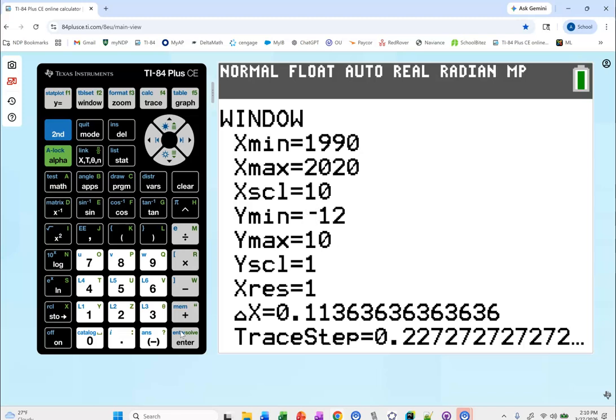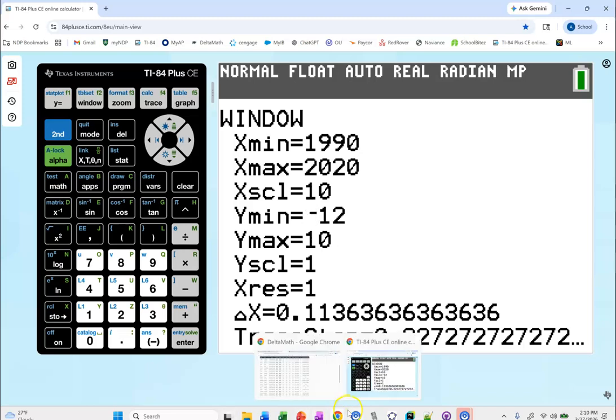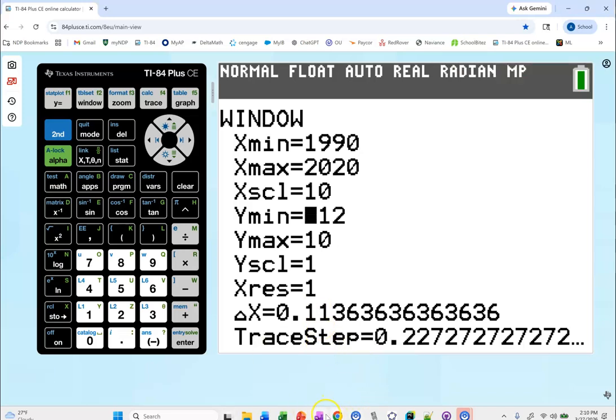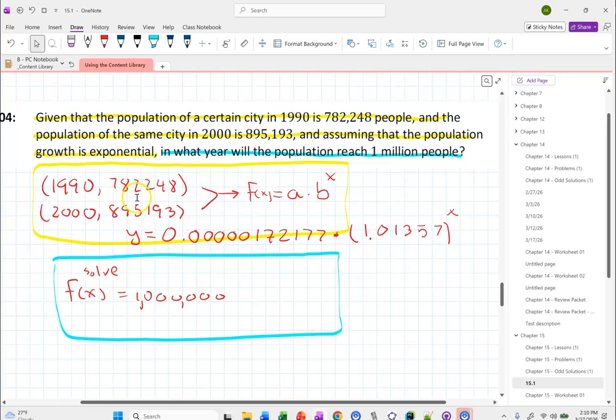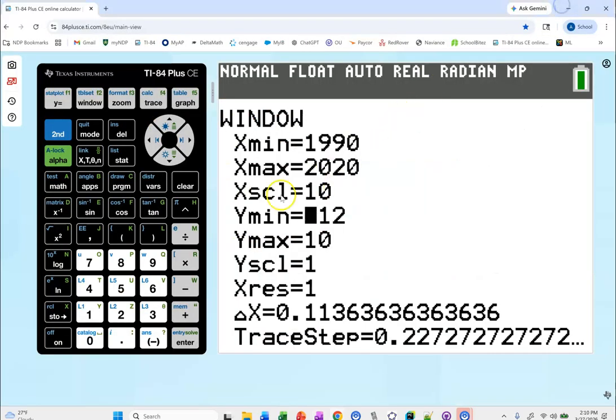Now, what is the smallest y value that I'm concerned with? Well, if I look at my points, what's the smallest point? 782,248. Now, I'm not so crazy I'm going to type in all those different numbers. I'm just going to go 700,000, seems close enough for me. Oops. That's one too many zeros.